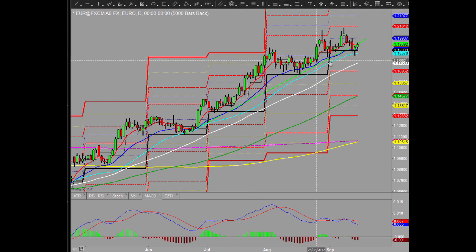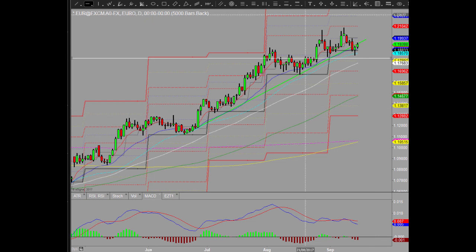I'm going to put it around about there. Oops, I was hoping to put it on there. Sorry guys. I'll just put it slightly lower. Okay, so that would have been the ultimate target when you were looking at it back in June.